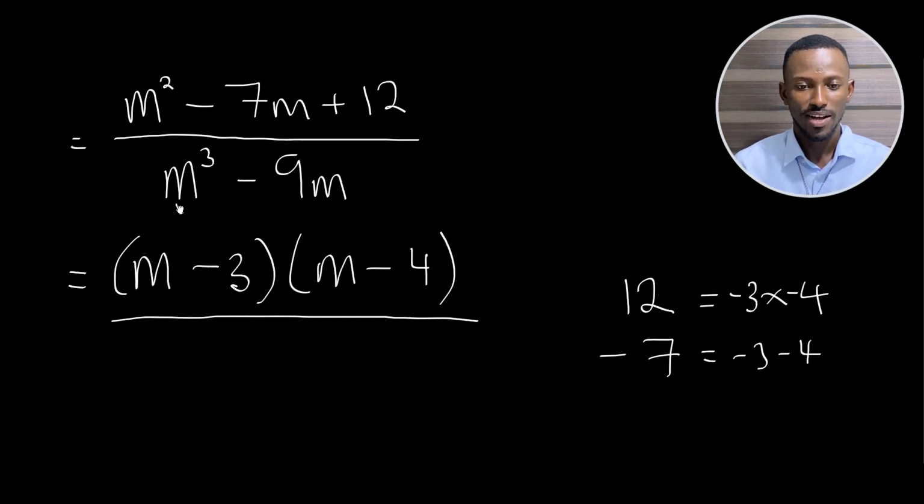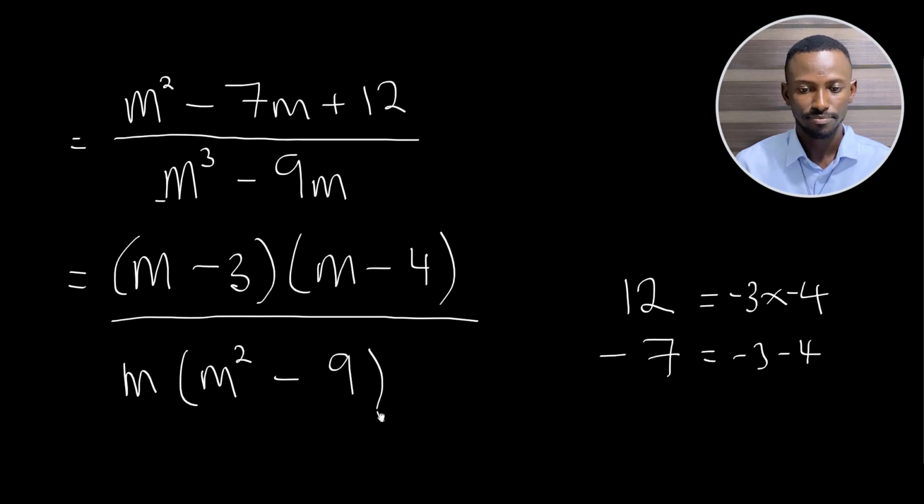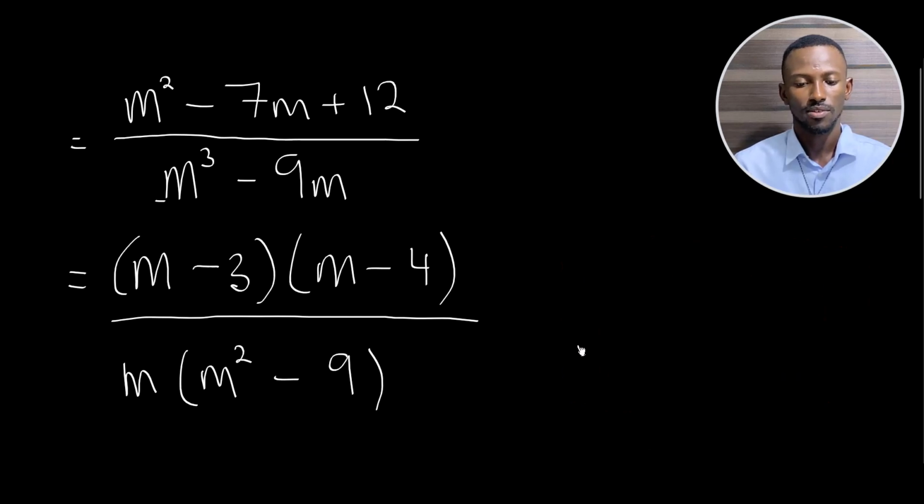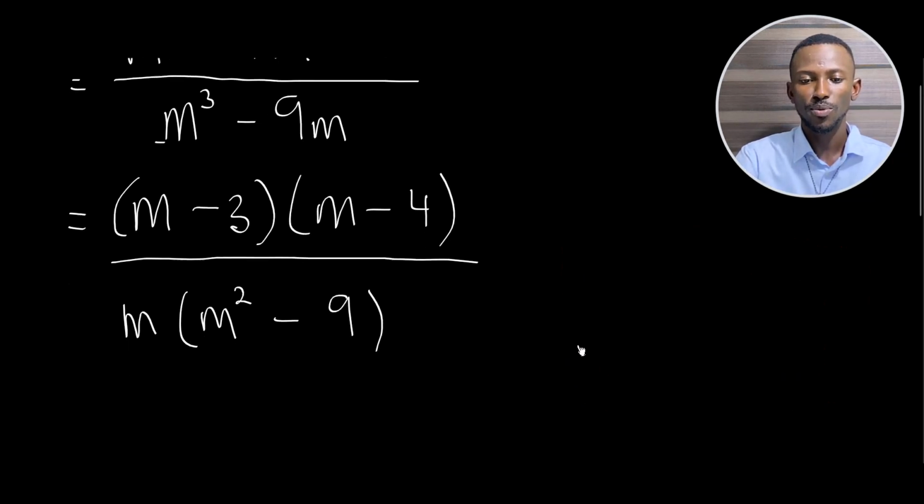We'll first factorize m out, so m, bracket opens, m squared minus 9. Okay, so we are done with our first step.